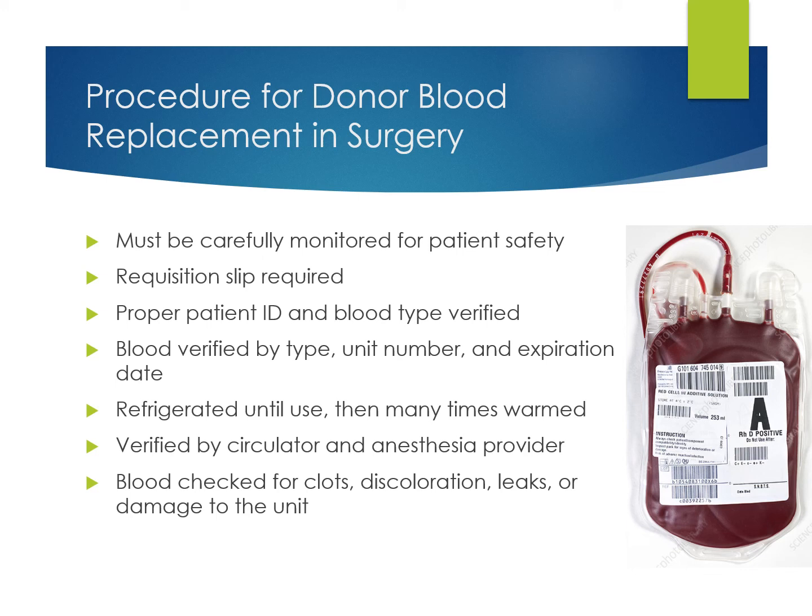A lot of times we have a little red cooler in surgery with ice, and that's what the blood will be kept in until it's needed. Then it'll usually go through a warmer so it's not a shock to the patient and doesn't drop their body temperature. It can be verified by the circulator and anesthesia provider, and it's checked for clots, discoloration, leaks, or damage to the actual bag itself before it's given.